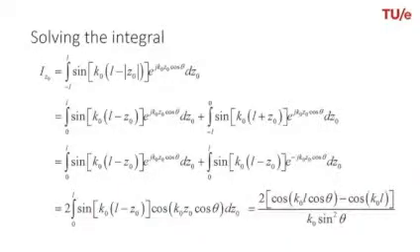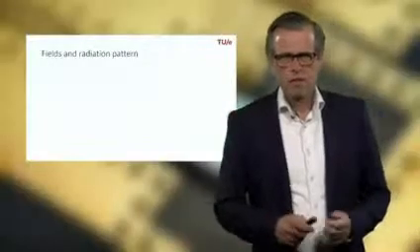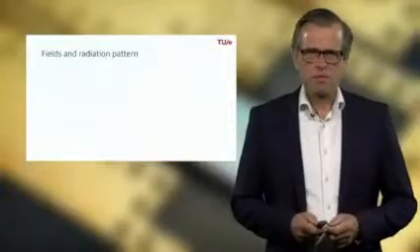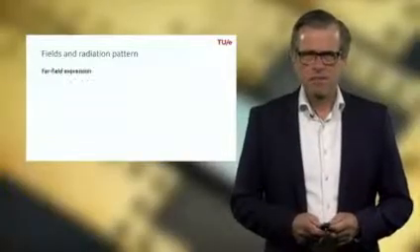If we do the math, then we at the end obtain this relation as shown here. And we observe indeed that this integral is only dependent on theta and of course on L and k0, where the wavelength is included.